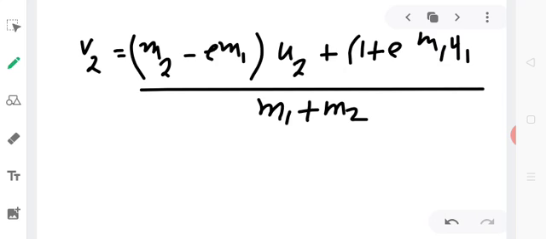These equations can be used to find the final velocities of the two bodies after collision when the collision is elastic or perfectly inelastic in nature.